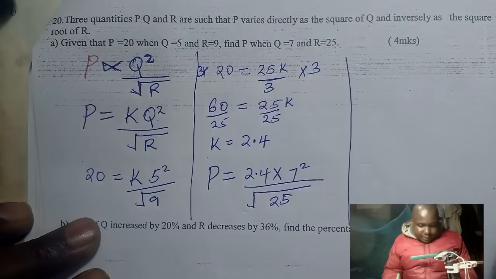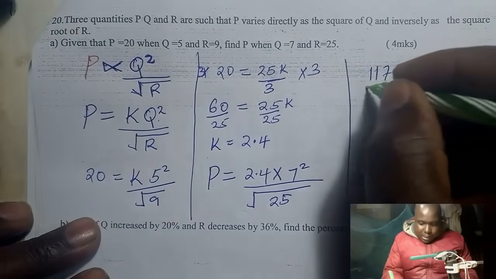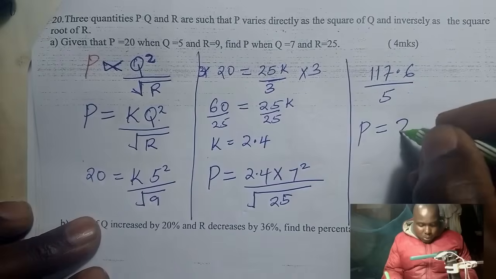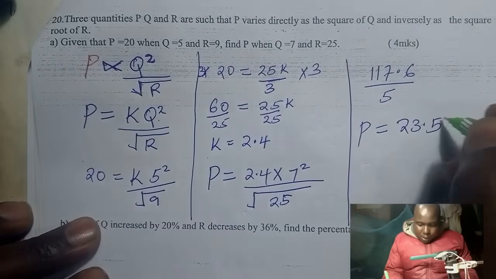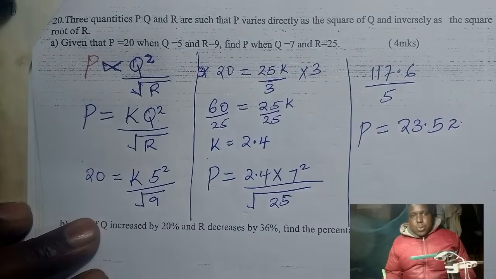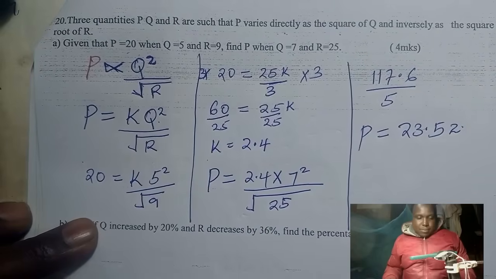Now this one is 117.6. We divide by 5. And the p will be 23.52. 23.52. As simple as that, you get your 4 marks.